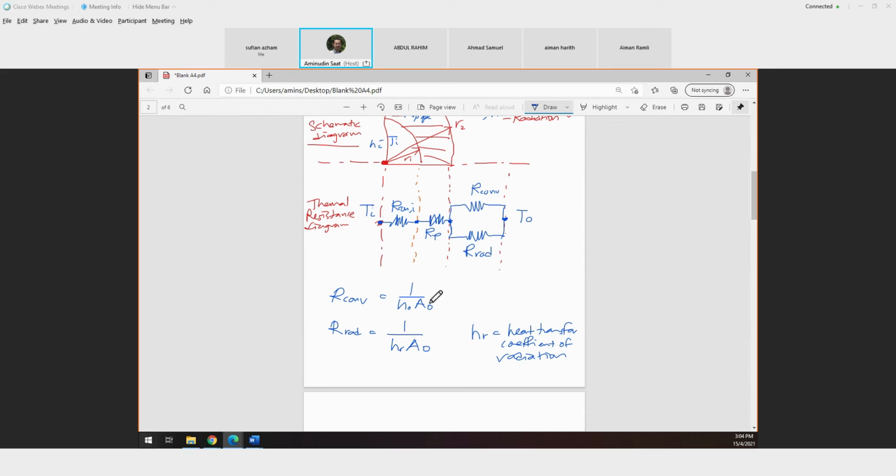So you need to find the corresponding area of the outer surface of the cylinder.